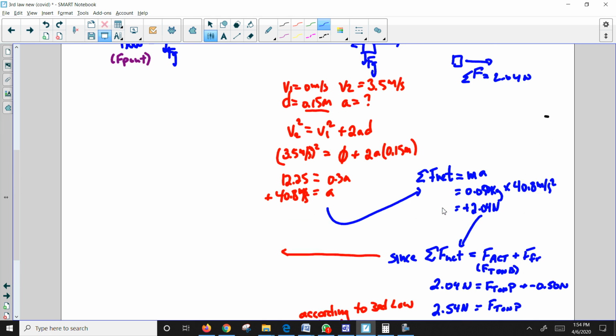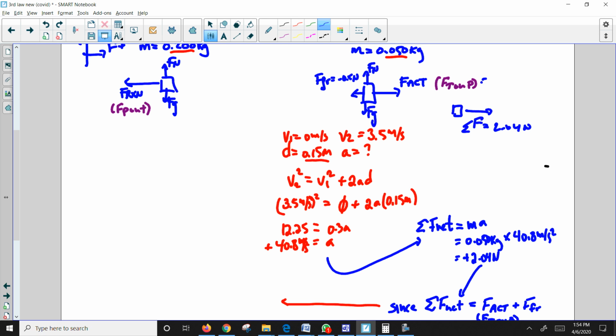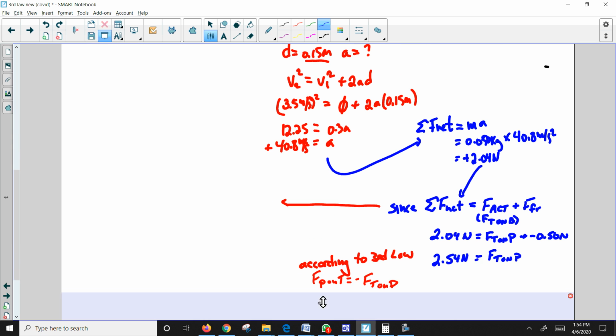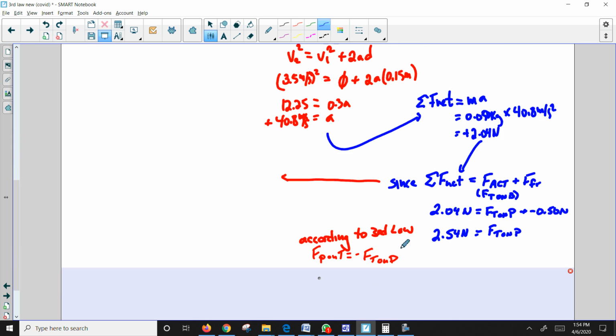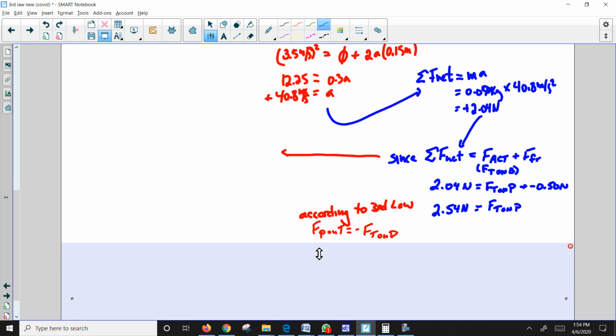Now that I know my action force acting here, 2.54 newtons, I can say, hey, I know that the reaction force, the projectile on the tank, has to be exactly the same, but in the opposite direction, right? We know that. So down here, you have to have a little statement saying that in your answer. So according to third law, the force of the projectile on the tank, the reaction force, is equal to the same as the tank on the projectile, the action force, but opposite direction.